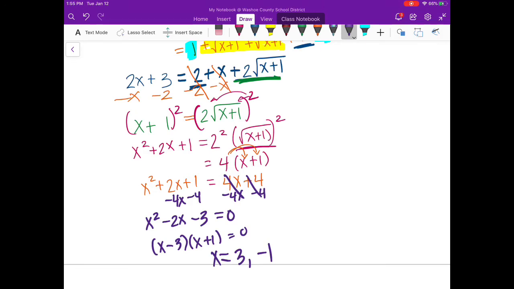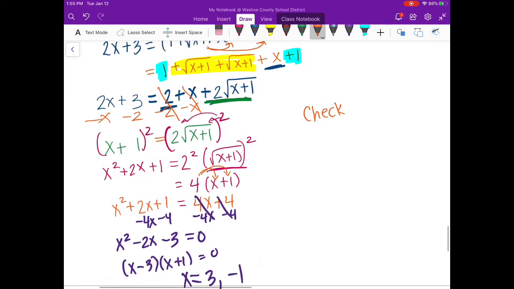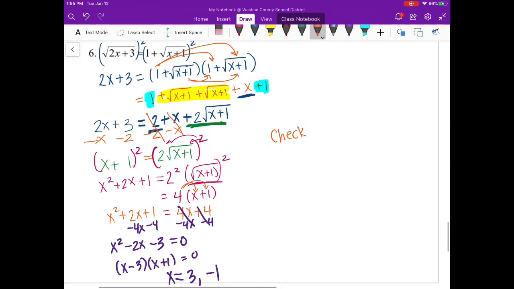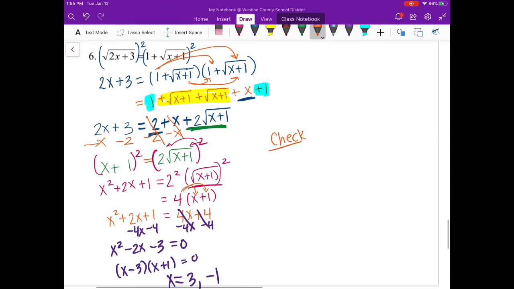And it's important to check both, okay? So I'm going to go off to the right and check using my original equation, which I can't even see anymore. There it is. So substitute in the 3 first, so 2 times 3 plus 3.